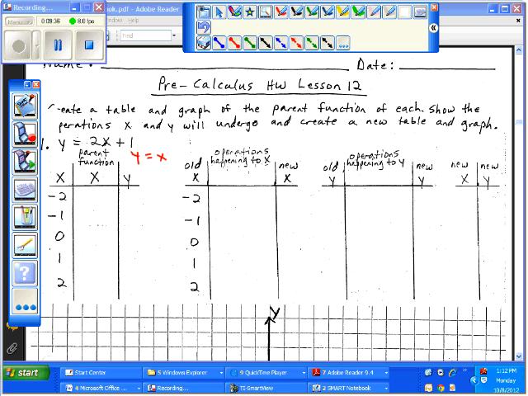And when we plug what y is equal to in the middle, then we would choose those x's and plug them in to get the y's that go with it. And so we would get -2, -1, 0, 1, 2. That is our normal parent function points for a line, okay?